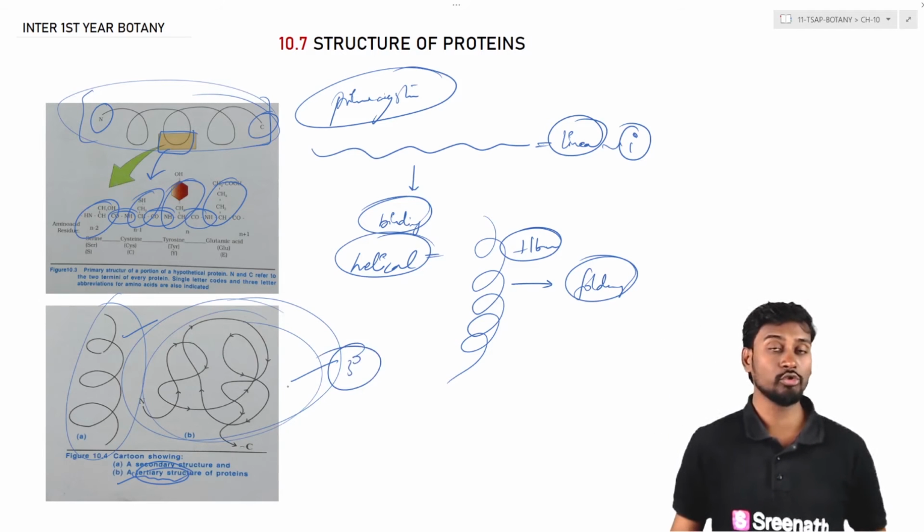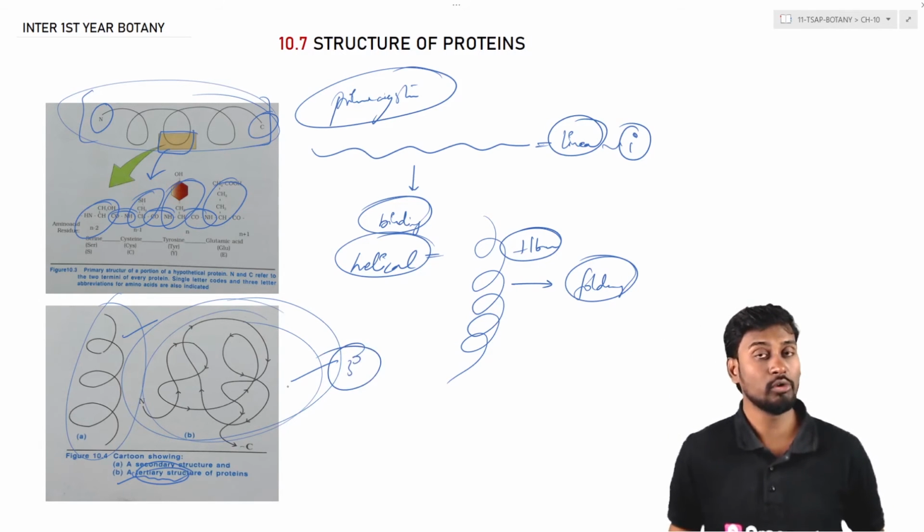It is most common in molecules like myoglobin, which carries oxygen to the tissue level, and albumin and globulin, which are present in the blood plasma and maintain osmoregulation. We also see all the intracellular enzymes, and to a certain extent hormones, taking the tertiary structure. So this is about the structure of the protein.